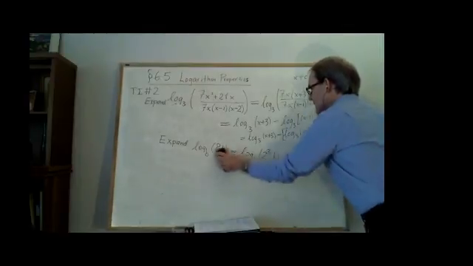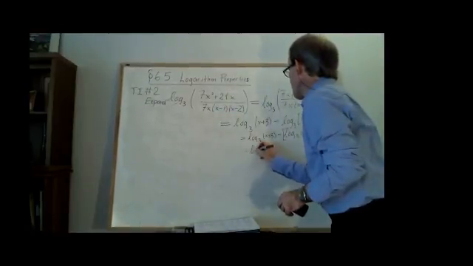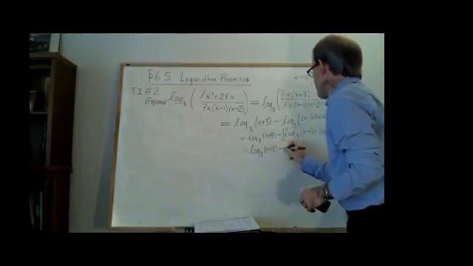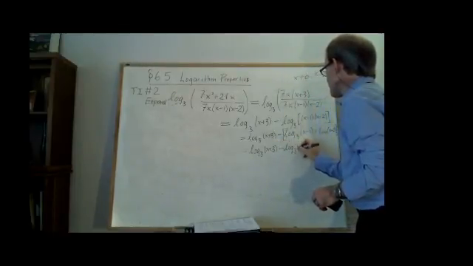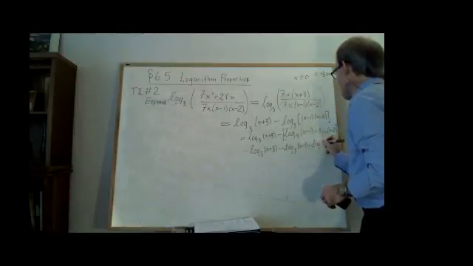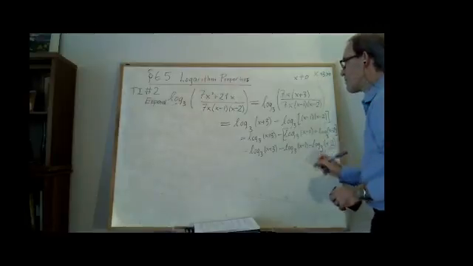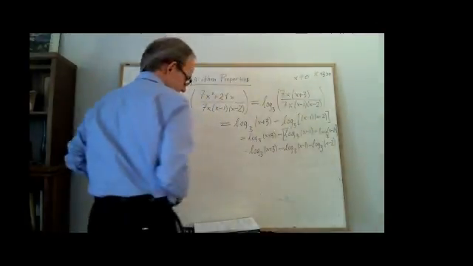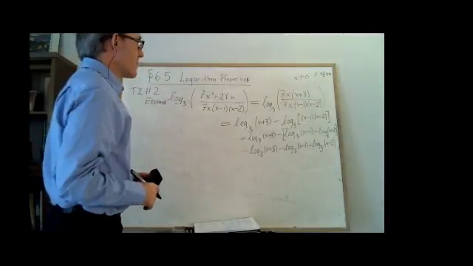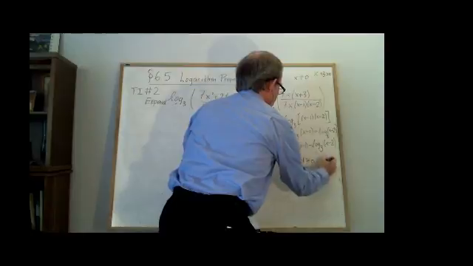Okay, so what we get at the end is log base 3 of x plus 3 minus log base 3 of x minus 1 minus log base 3 of x minus 2. These are all log base 3s. And in order to write it like this, I need these arguments to be positive.